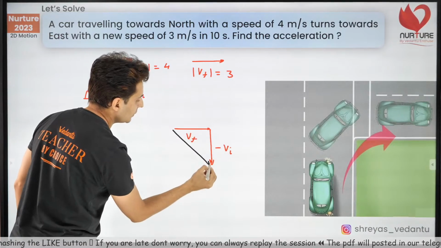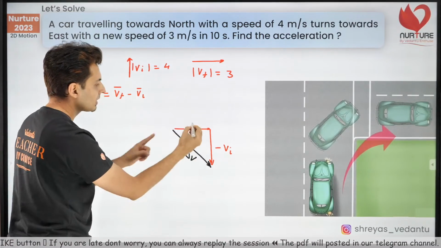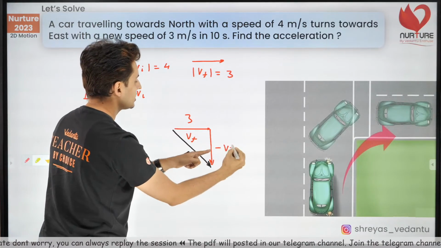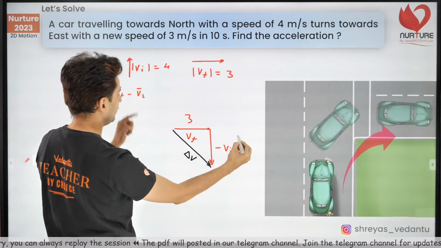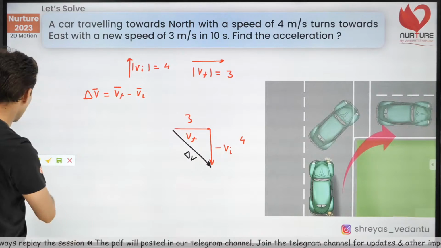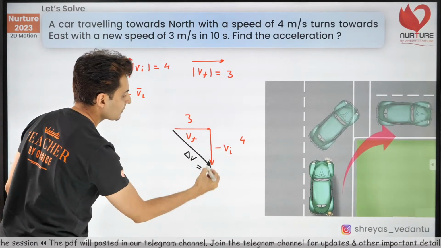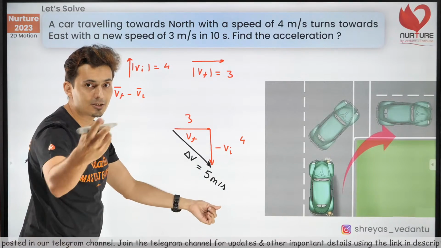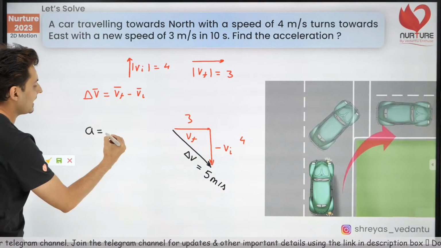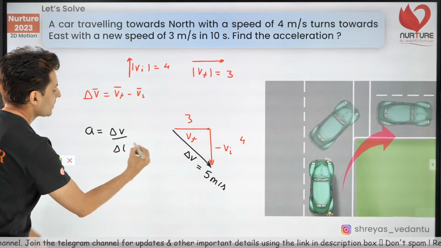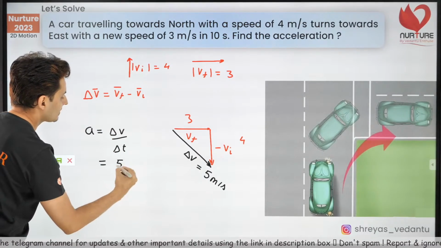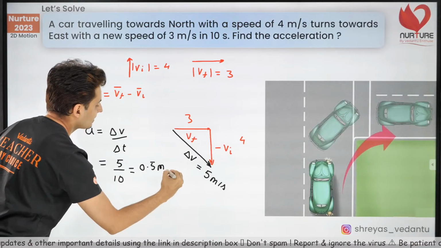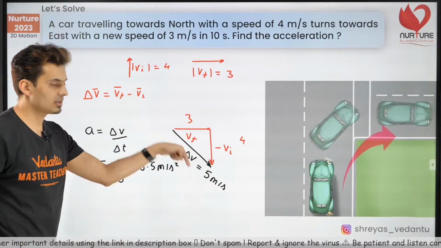This would give you the change in velocity. Now it's clearly given the final velocity was 3, initial velocity was 4. So if this is 3, this is 4, how much is this delta V going to be? That's going to be just 5 meters per second. That's delta V, change in velocity. Now you can just say acceleration is delta V by delta T. You already know the value of delta V, which is 5, and time is 10. So again you are going to get 0.5 meters per second square in this direction, somewhere in southeast.